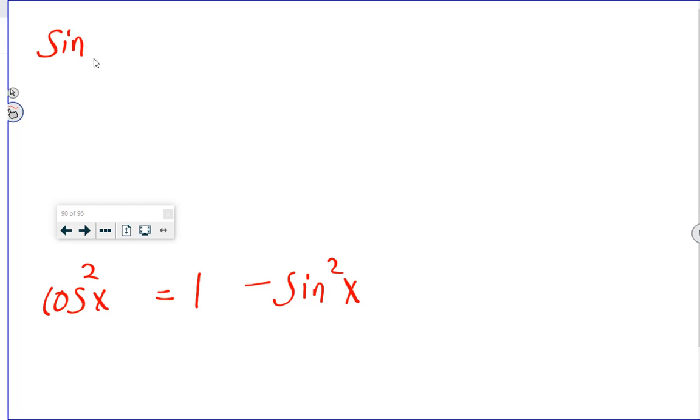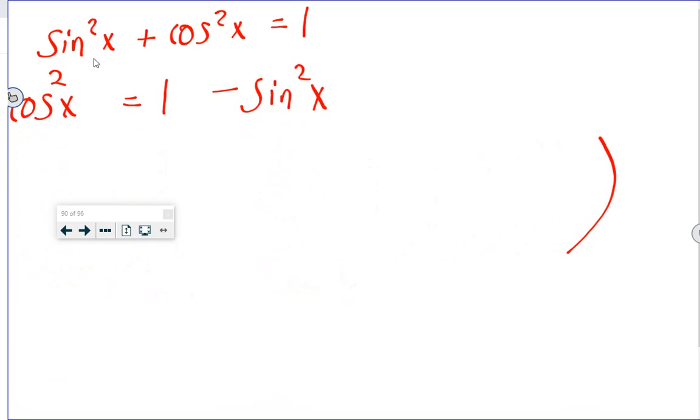I gave you the responsibility a number of days ago of remembering this. Even though it's on your formula sheet, you should know that. And then I said, you know what else you should remember? You should also remember this. I'm just going to rewrite it a little smaller.